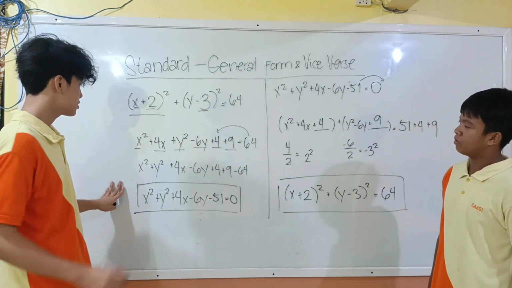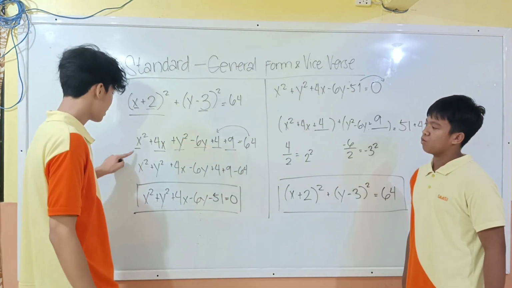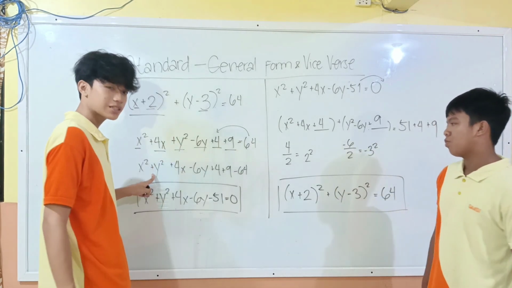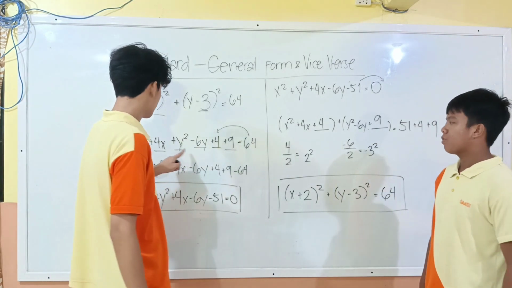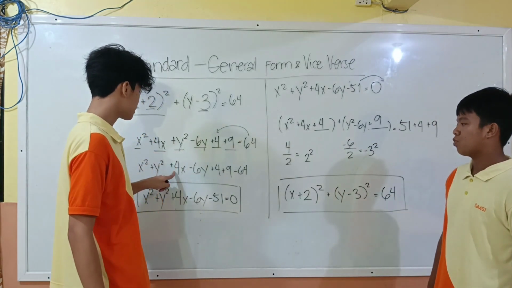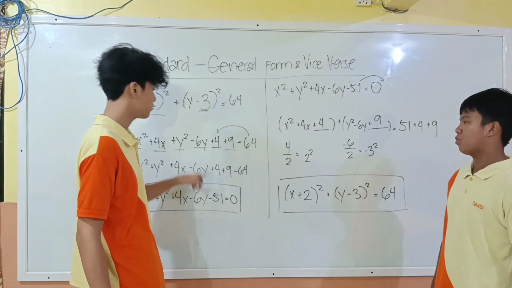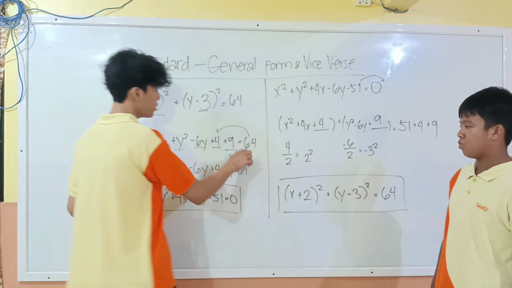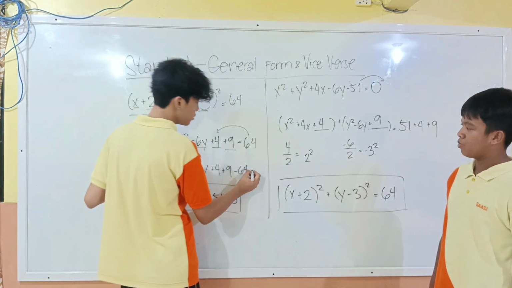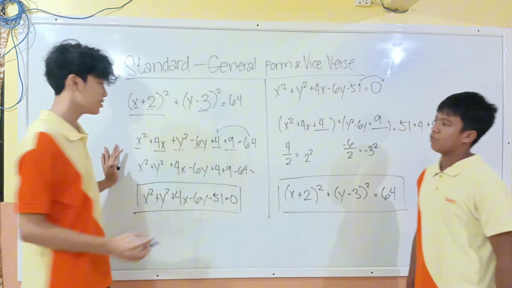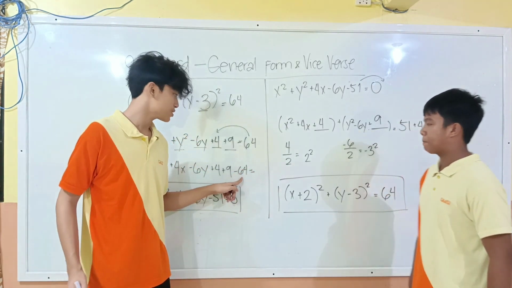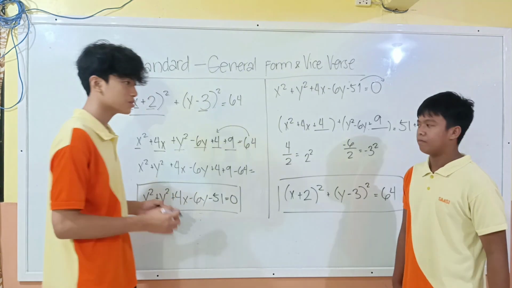And then we just simplify the equation. So x squared and then y squared. And then positive 4x and then negative 6y and then positive 4, positive 9. And then you might be wondering why it became negative 64, or why did I transpose 64?